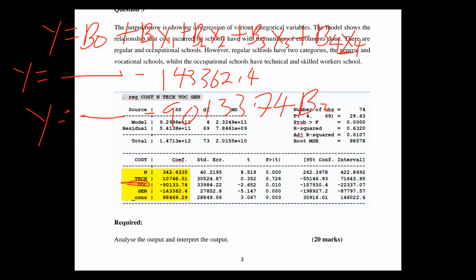So an additional enrollment in the vocational schools would reduce, this is negative, the total cost by 90,133.74 units, because the units have not been specified. You can just say units, but the reason I was using kwacha was to be more specific in case the question is specific.